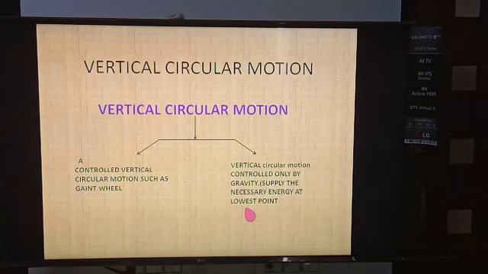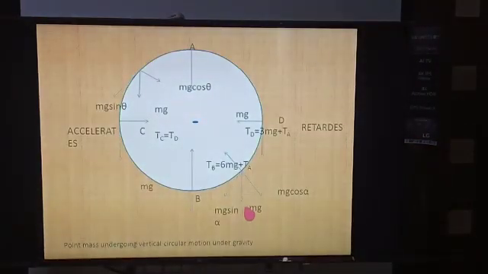Now, the application of vertical circular motion is a point mass undergoing vertical circular motion under gravity, and its first part is a mass tied to a string. This figure shows a mass tied to a string. The bob is tied to a string, but the string is massless, flexible and inextensible.